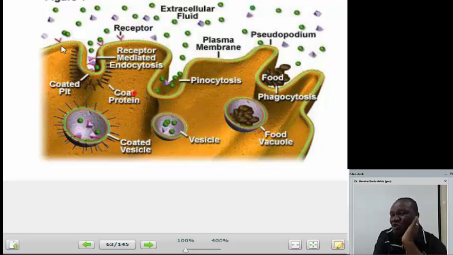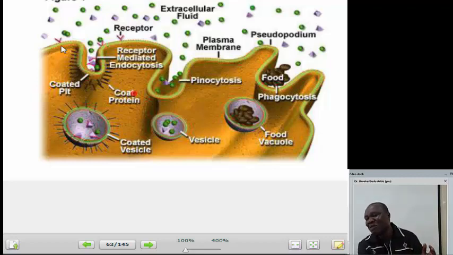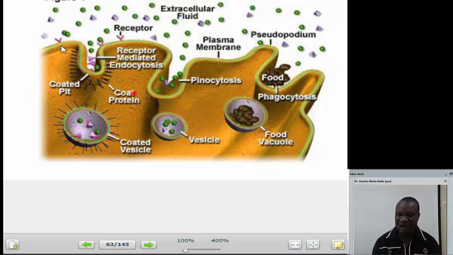I'm sure you might have done amoeba in your basic sciences. Amoeba is a unicellular organism. As it moves, when it encounters a particle, it sends its membrane around it and this goes round it to form a vesicle, and the vesicle pinches off and it is internalized. So the vesicle will contain whatever the organism wants.